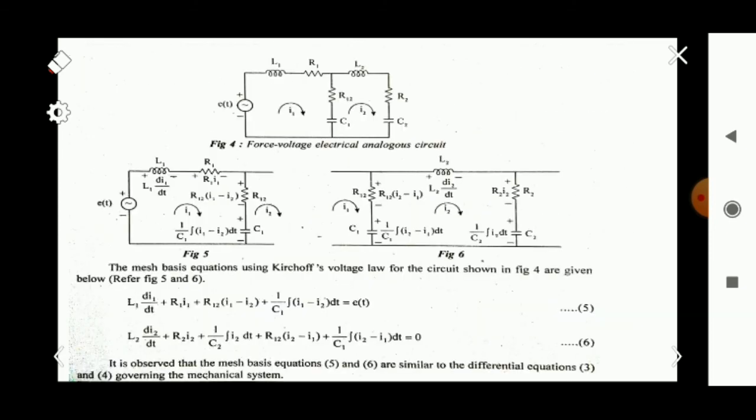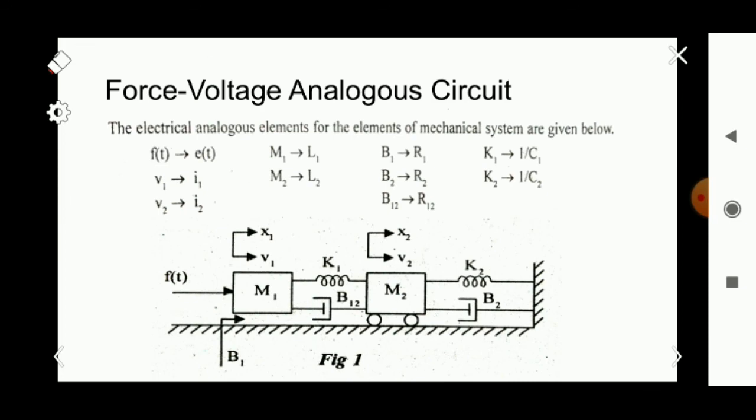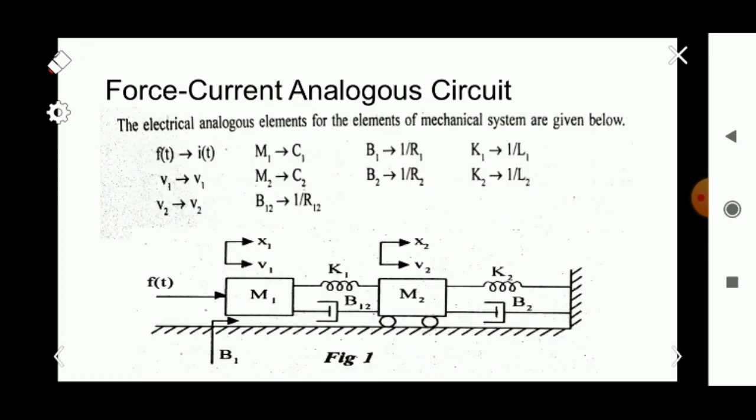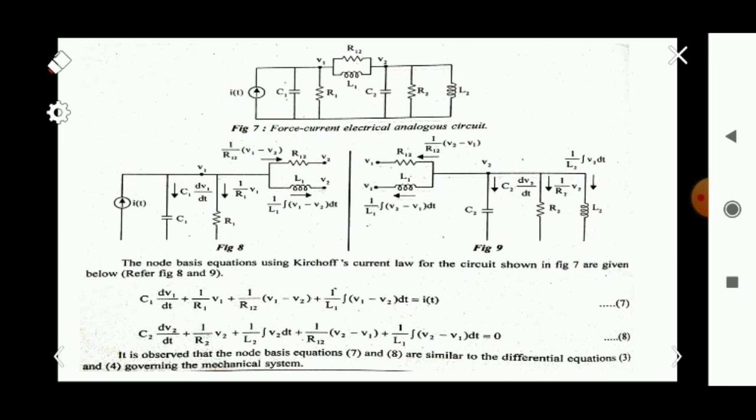Here K1 and B12 are common. So this inductor L1 and R12 are common to the two nodes.